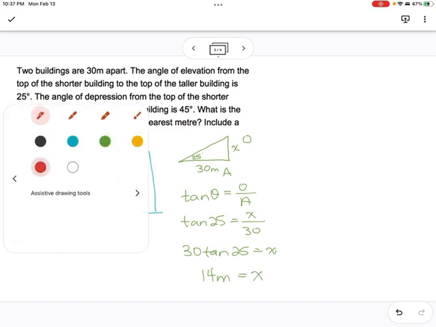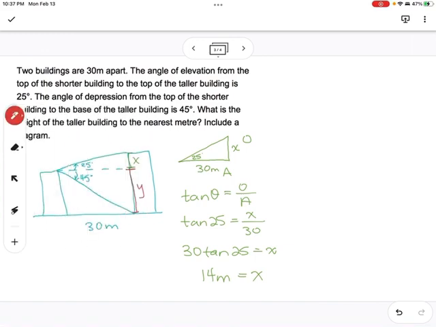Okay, so we have the top part of our building. Now looking at the bottom part of our building is this triangle. We have the 45 degrees. We want to know Y, and we know between the buildings is 30, which will be this measurement here. Okay, so based on our 45 degrees, the 30 meters is the adjacent side, the Y is the opposite.